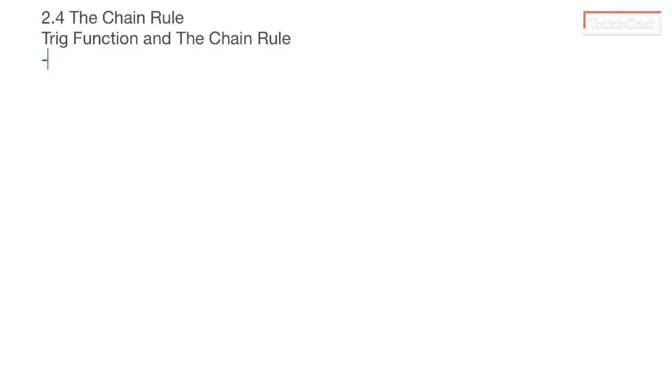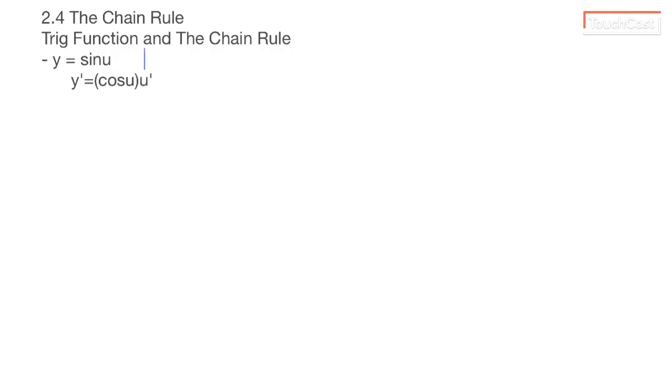So, if we have the function y equals sine of u, all that means is y prime is going to equal cosine of u times u prime.